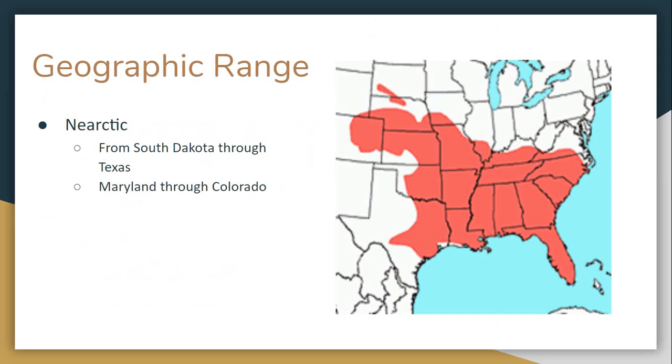Their geographic range is Nearctic, and Nearctic is just a general biogeographic region that consists of Greenland and most of North America. But a more specific range is generally from South Dakota through Texas and Maryland through Colorado, as you can see by the image on the right.